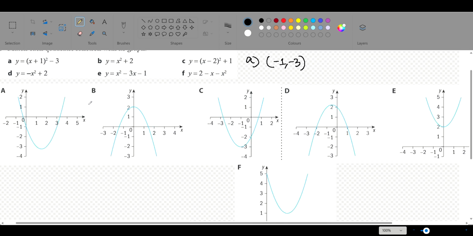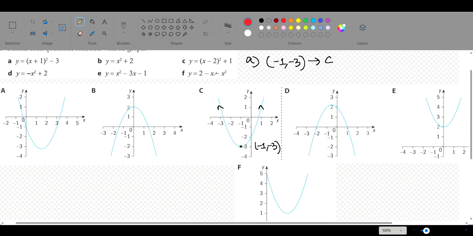So I can see here that the C part, the C1, the vertex is negative 1 comma negative 3, and this parabola is concave up as well, right? Any other graph having the vertex negative 1 comma negative 3? No. So C is the perfect match of A, right? So A belongs to C.